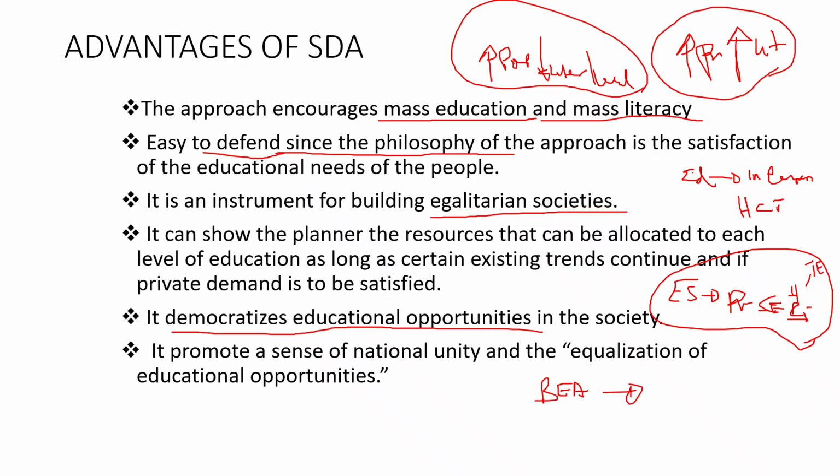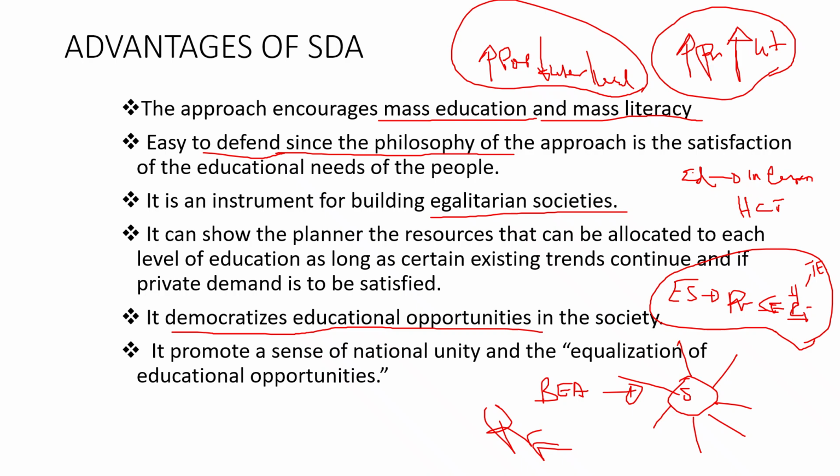This Form 4 is a hub to the learning avenue, while primary is the foundation of our education. The secondary education is the hub because it's the point of departure.